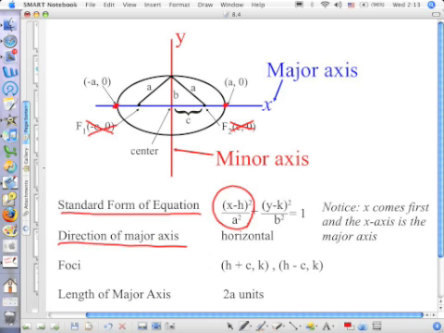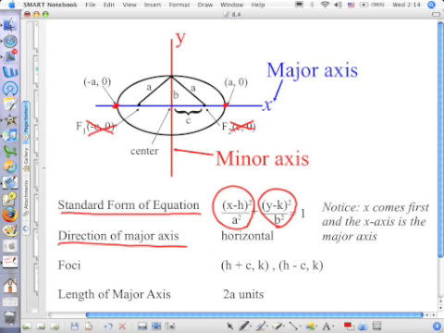And a is the distance from the center to the edge of the major axis, so that also goes in here. The second fraction deals with all things from the minor axis. In this case, my shorter axis is the y-axis. So the y coordinate and b, which is the distance from the center to the edge of the minor axis, all go together.